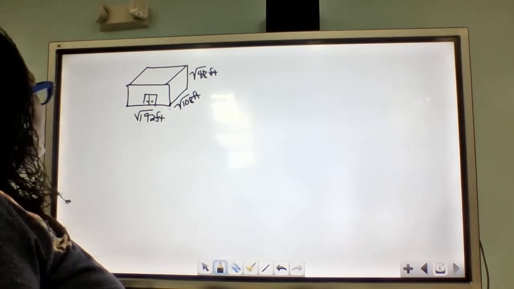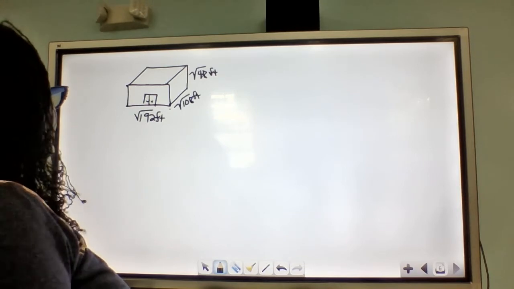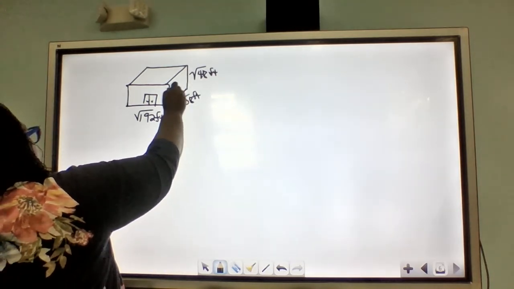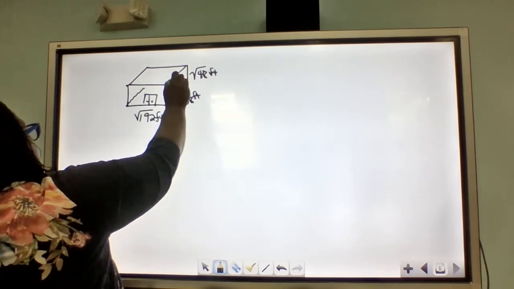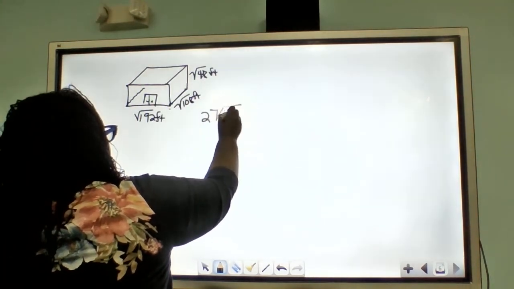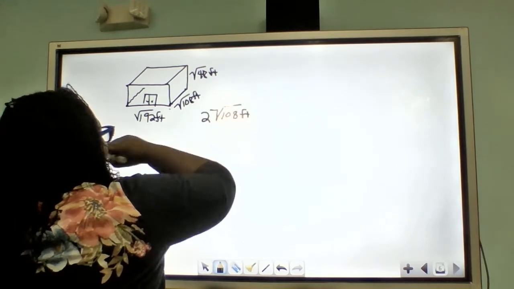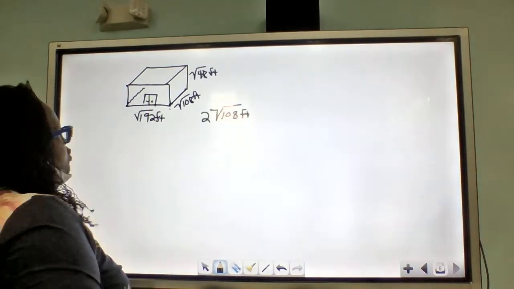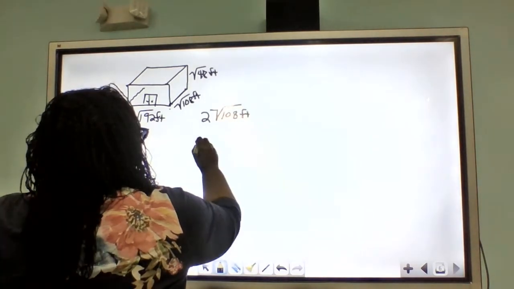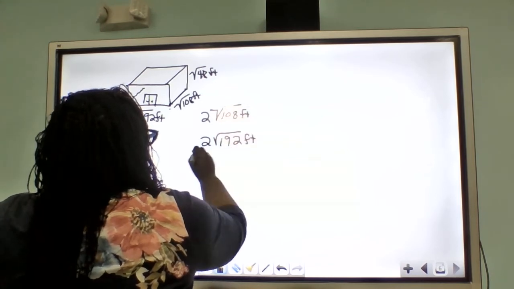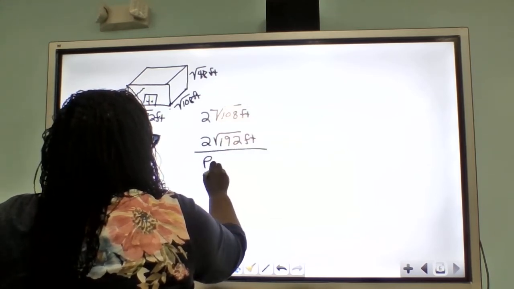To find the perimeter, we recognize that we have 2 sides, that's 108, this would be on that side. So we have 2 square root of 108, that's 2 widths, and then we have 2 lengths. So we have 2 square root of 192, and together they give us our perimeter.